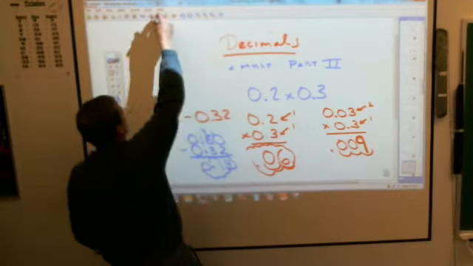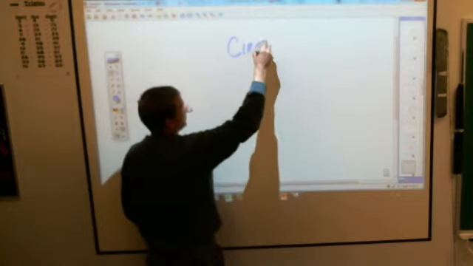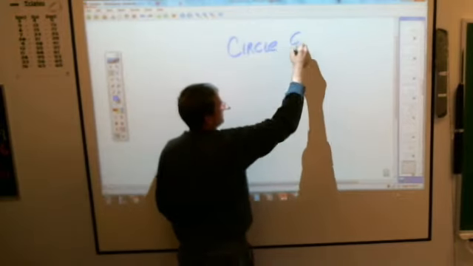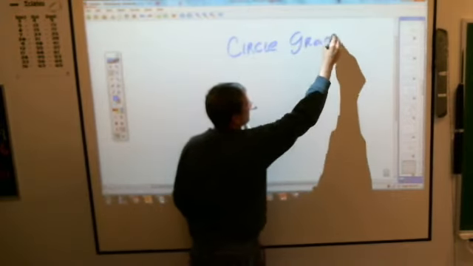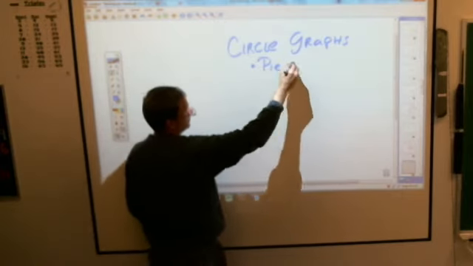This will be relatively short. Probably not necessarily short. Put on top, circle graphs, which are more commonly known as pie charts.